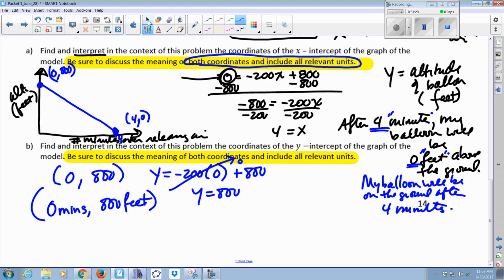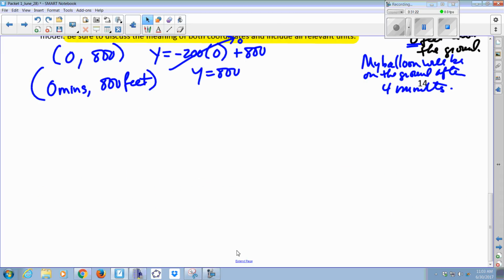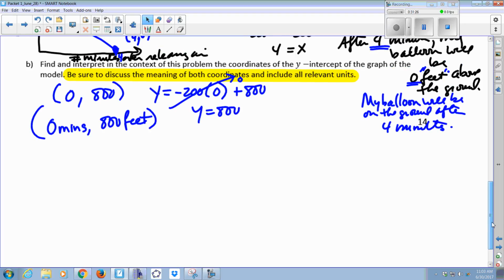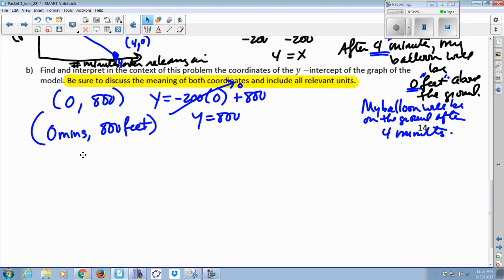Anytime you have a problem to interpret where you're looking at 0, in this case for your independent variable, we don't say at 0 minutes. You could say at 0 minutes the height of the balloon is 800 feet. But there's a word we use quite a bit in mathematics and in physics and science that takes the place of saying that time, in this case, x equals 0.